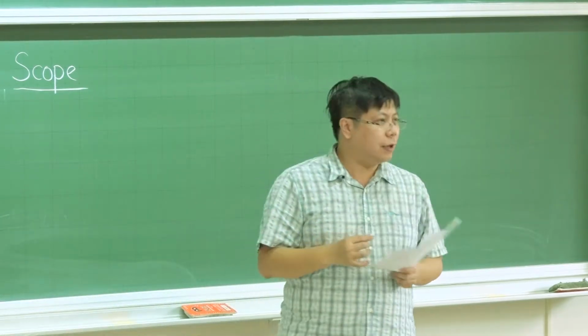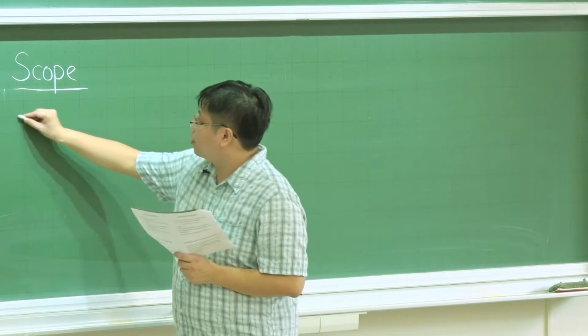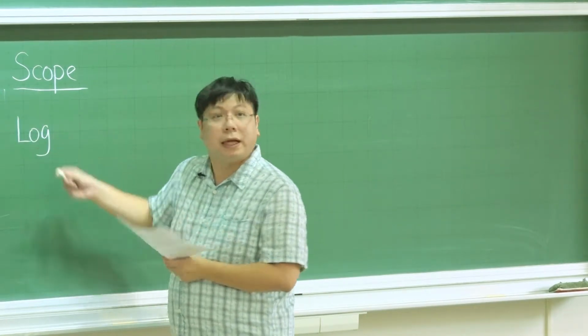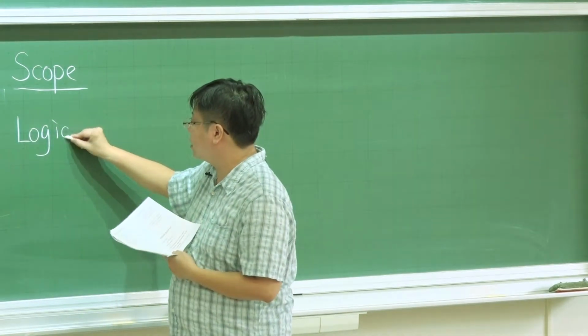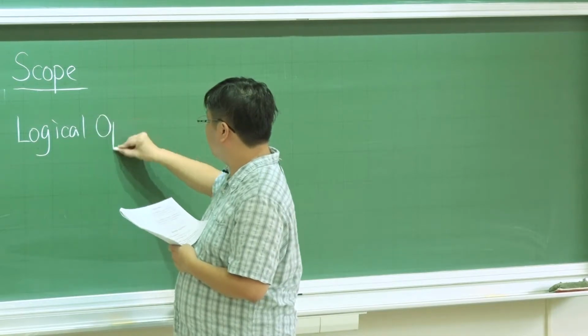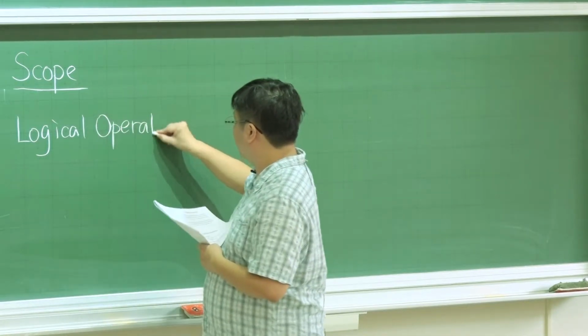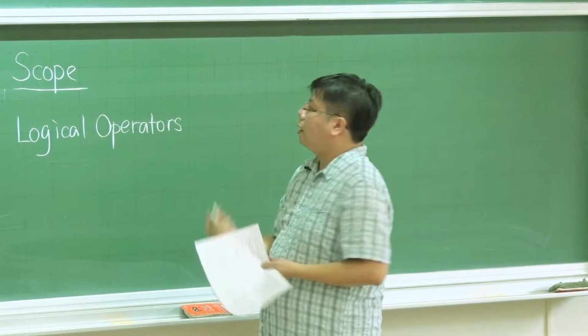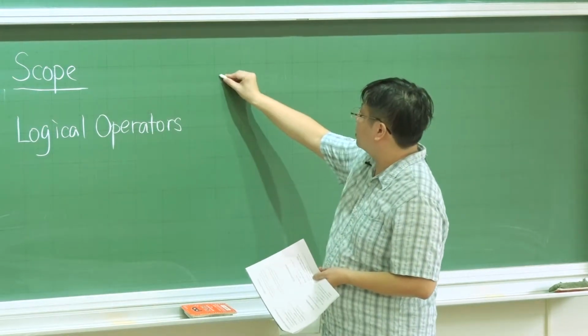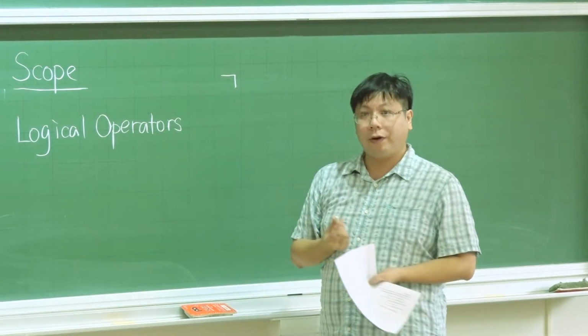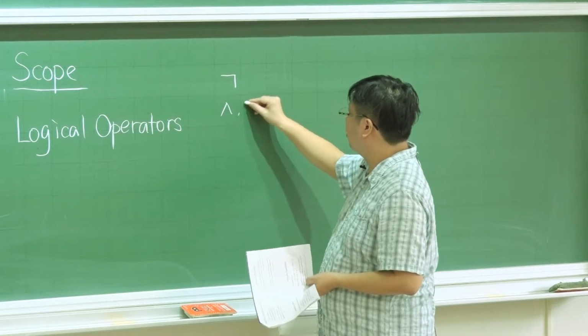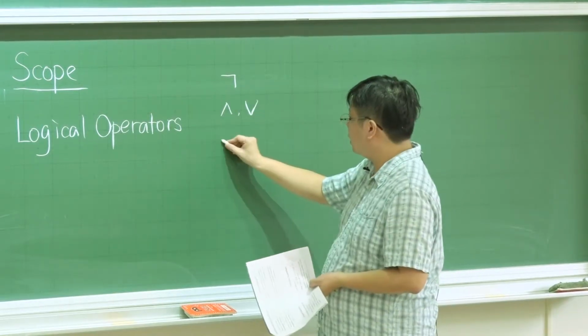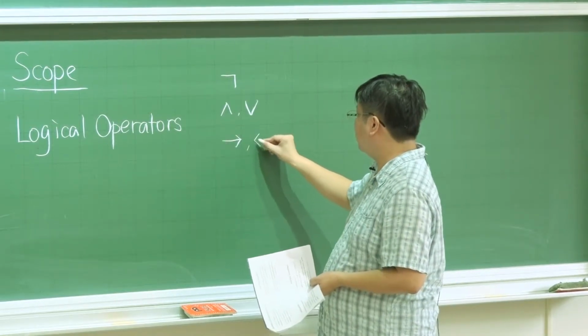So if you still remember, when we talked about logical operators, we talked about something called precedence. Not is to be applied first, and or later, and then this one later.